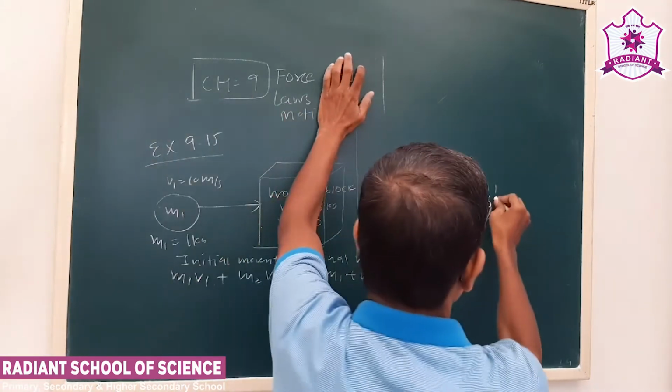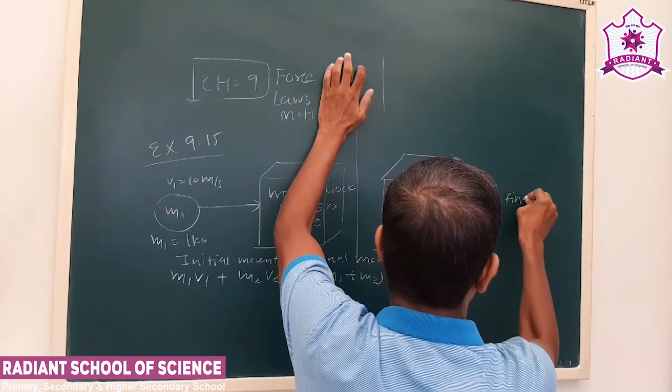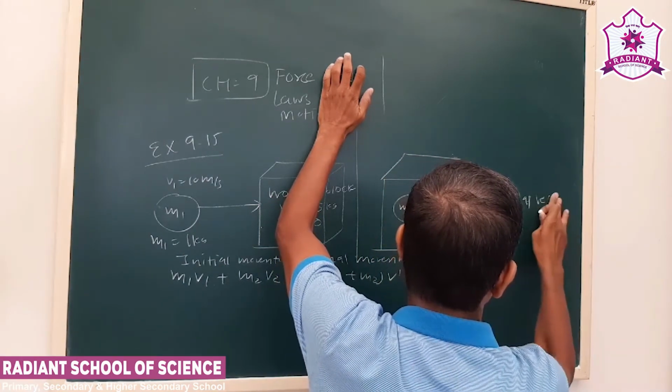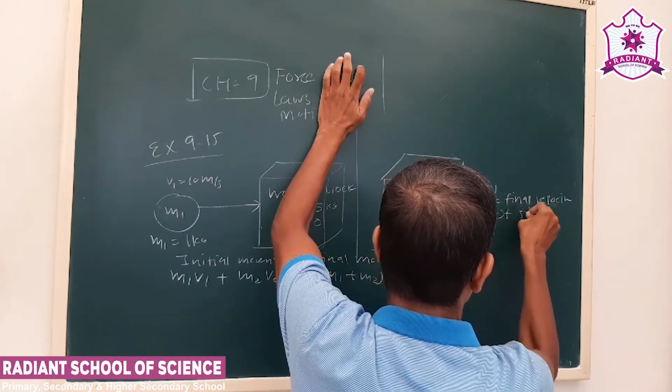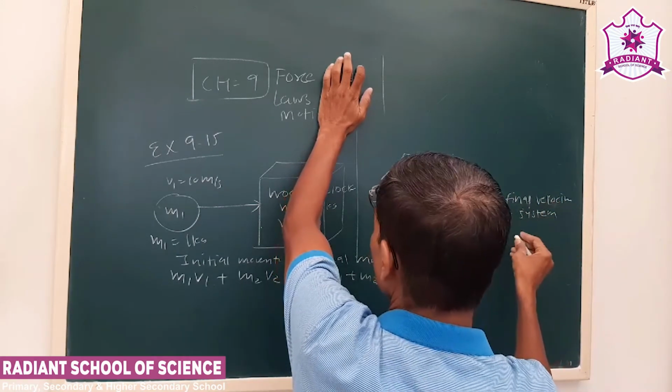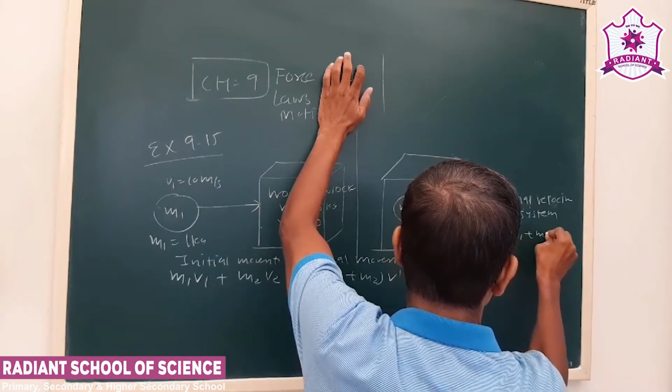Let us say v dash is the final velocity of the system, that is m1 plus m2.